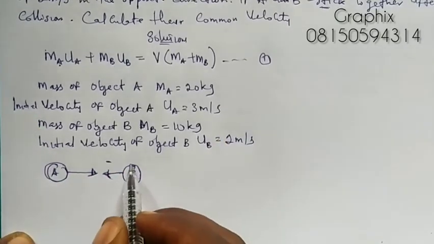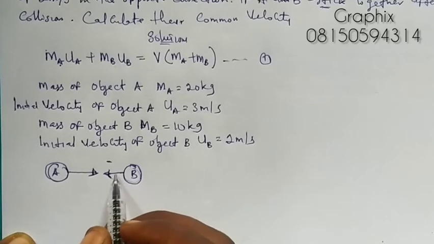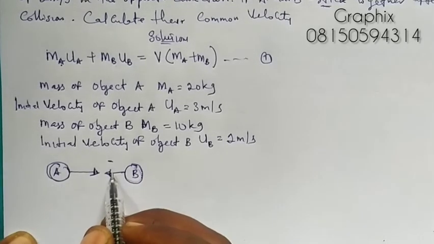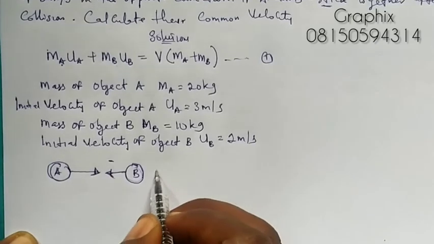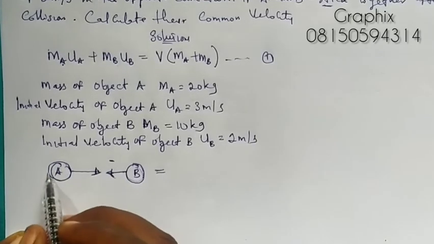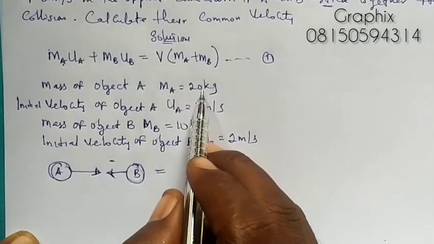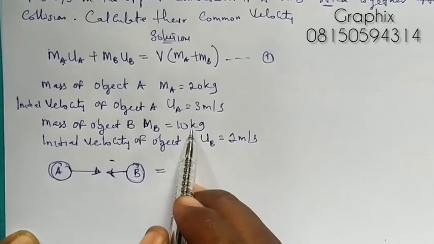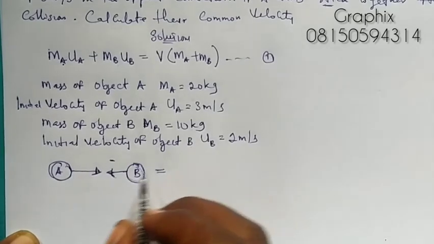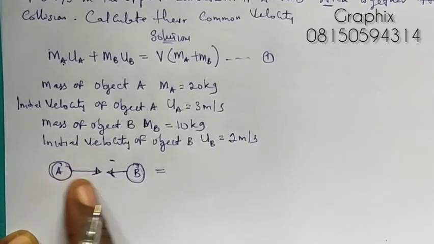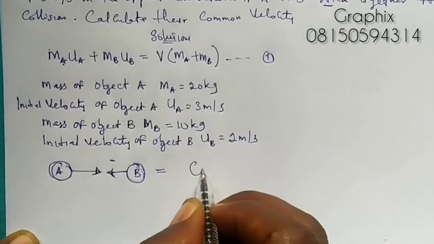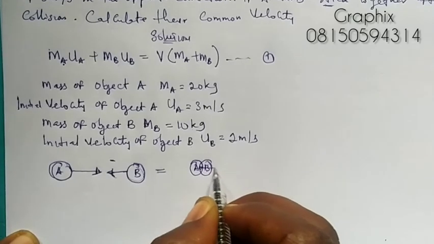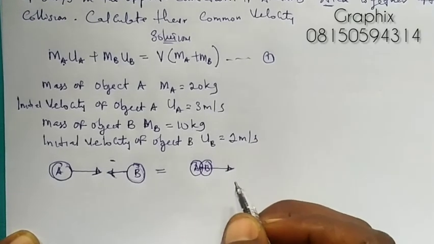So the velocity of object B is negative because it's going backward, while that of A is positive, coming forward. A has the bigger mass, 20 kg, and B has the smaller mass, 10 kg. So when they collide, A tends to push B away, so B tends to go in the direction of A. Are we good?